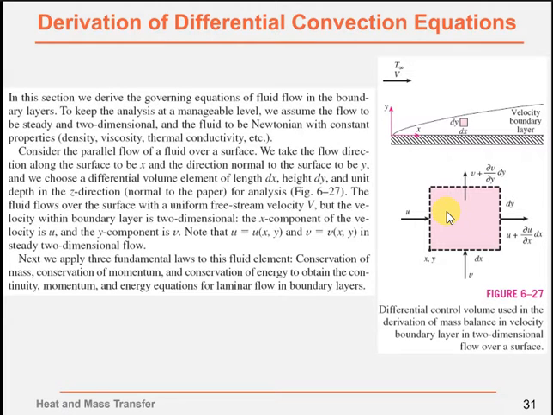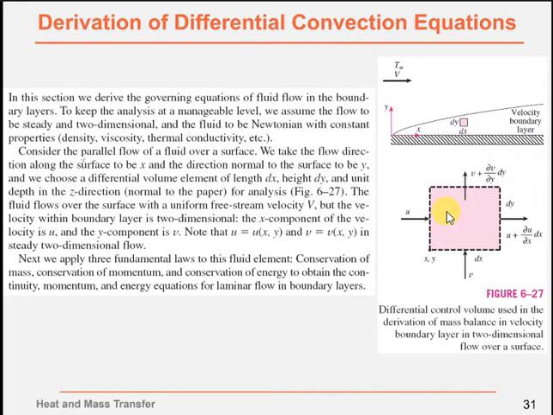And in this section, we derive the governing equations of the fluid flow in the boundary layer. We would like to assume the flow to be steady. Steady flow is easy, and the flow is two-dimensional, and the fluid to be Newtonian with constant properties.